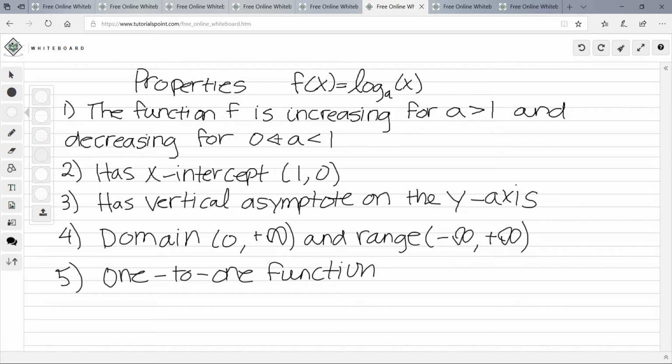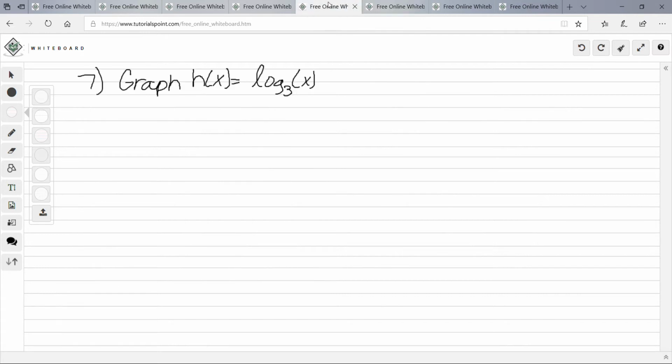It has an x-intercept of (1, 0) and a vertical asymptote on the y-axis. The domain is from 0 to positive infinity and the range is from negative infinity to positive infinity, or all real numbers, and it's a one-to-one function. So let me show you what I mean by inverses.